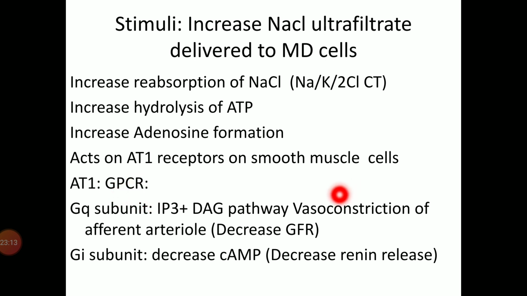Via the vasoconstriction the GFR would be decreased, and whenever the glomerular filtration rate is decreased, the amount of sodium filtered would also be decreased, and the amount of sodium chloride coming up to the macula densa area would also be decreased. Similarly, via the decrease in renin release also, it can regulate the glomerular filtration rate.